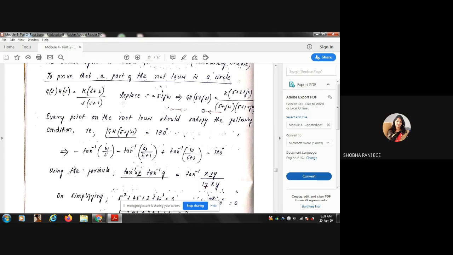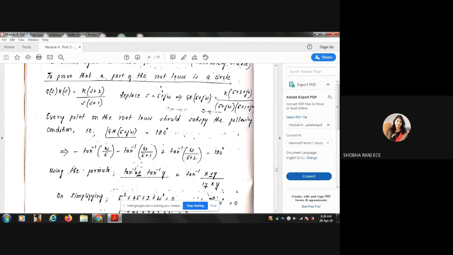When you replace s by sigma plus j omega, you will get this equation as G(sigma plus j omega) into H(sigma plus j omega), or you can just write it as GH(sigma plus j omega). Both are one and the same. So this is equal to K into (sigma plus j omega plus 2) divided by (sigma plus j omega) into (sigma plus j omega plus 1).